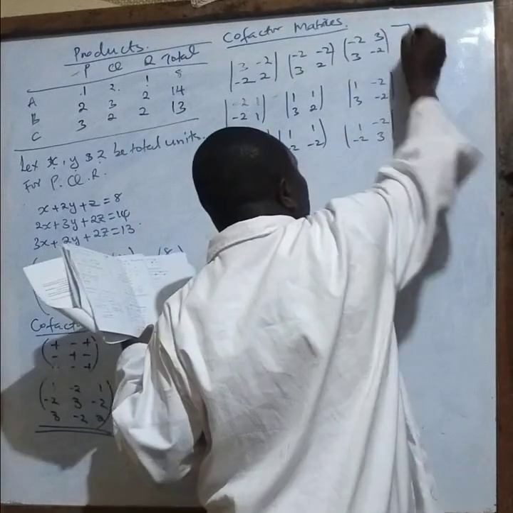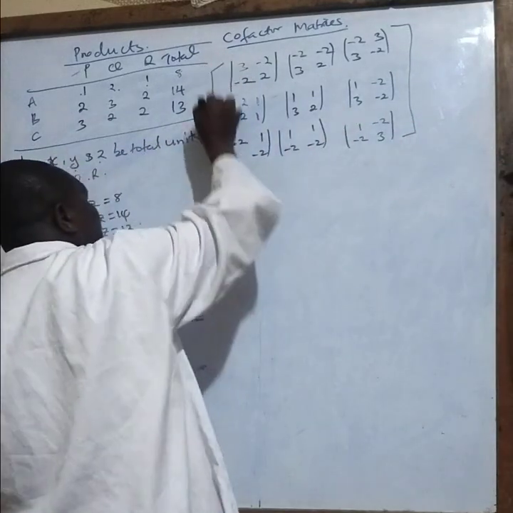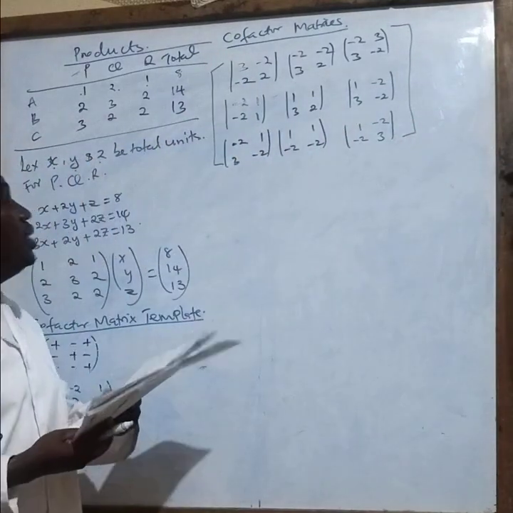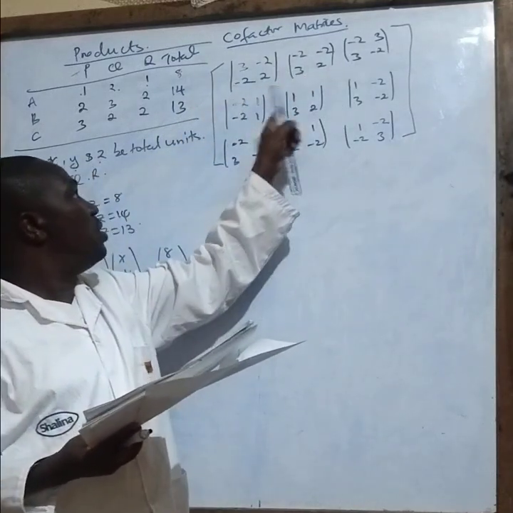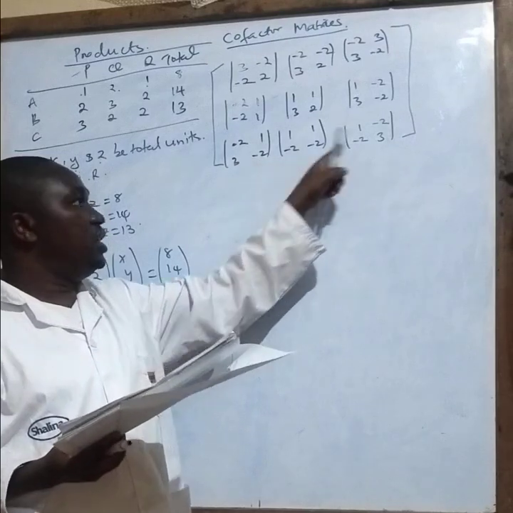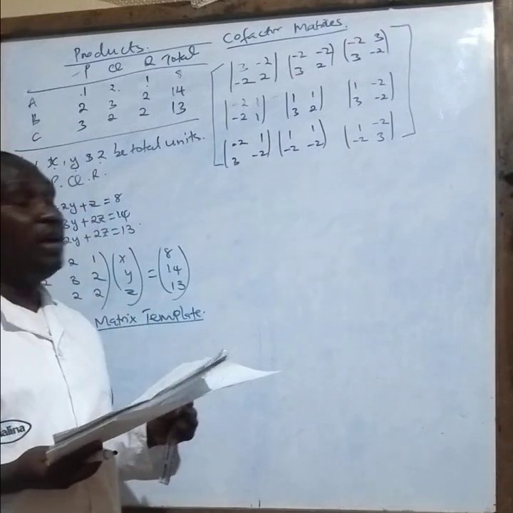So this is now your, there are how many matrices? 1, 2, 3, 4, 5, 6, 7, 8, 9. So there are 9 matrices.